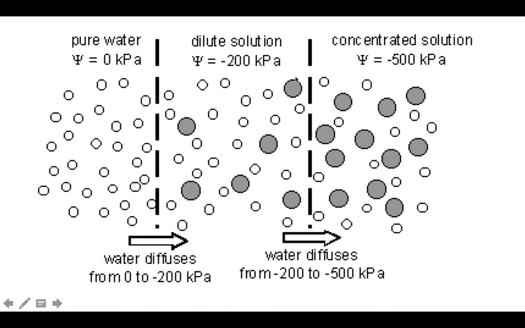So it's really difficult for some people to think of 500 as a smaller number than 0, but the little sign here makes it negative, and therefore a low water potential, negative 500 kilopascals, is a low water potential relative to negative 200, and negative 200 is low relative to 0. And so water is going to flow down its concentration gradient to where it's less concentrated. It's going to flow down its water potential into an area where there's a lower water potential.